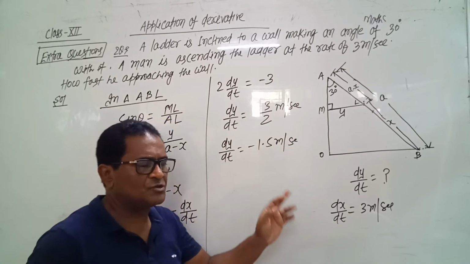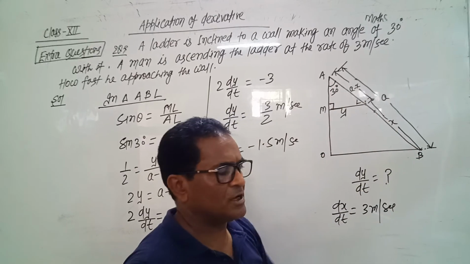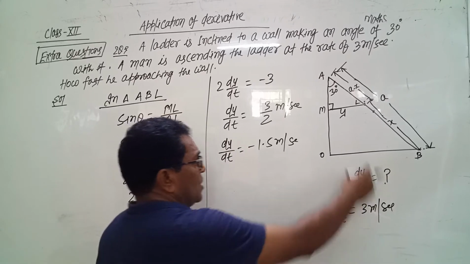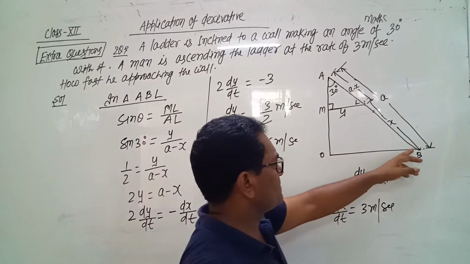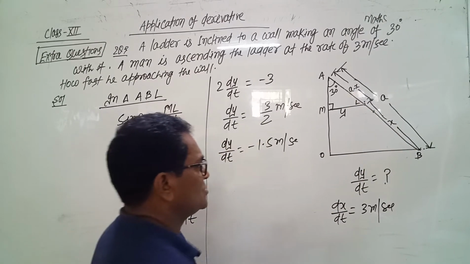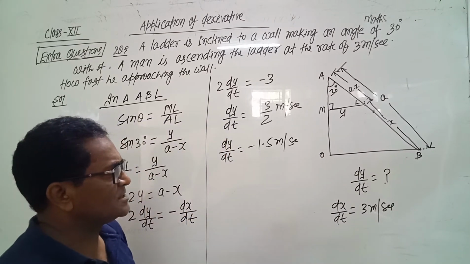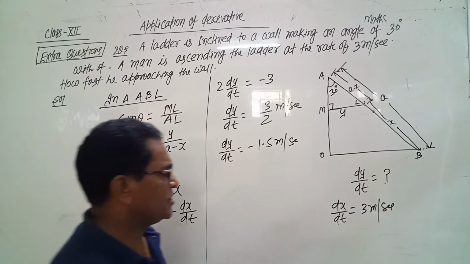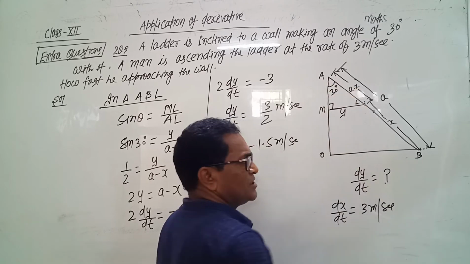Minus sign shows that as the man is ascending on the ladder, going towards the top of the ladder, the distance between the ladder and the wall goes on decreasing continuously.